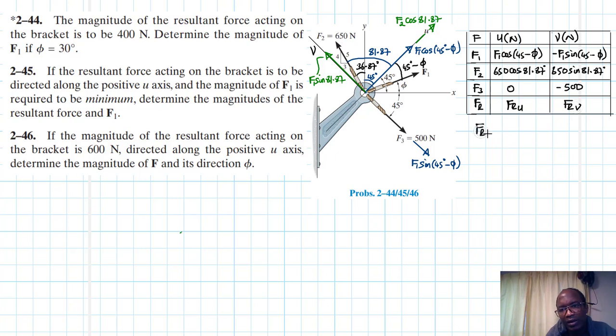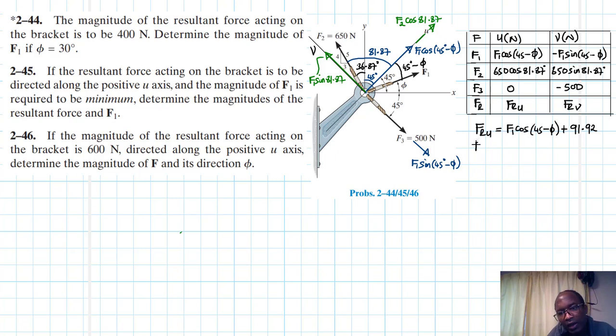So FRU is equal to 650 cos 81.87 plus F1 cos(45 - 5). Okay, 650 cos 81.87 gives us 91.92.